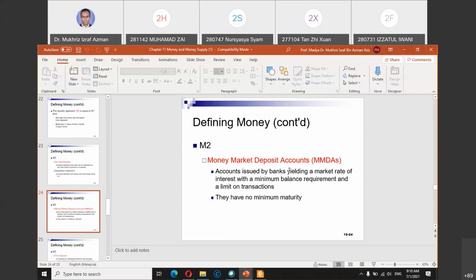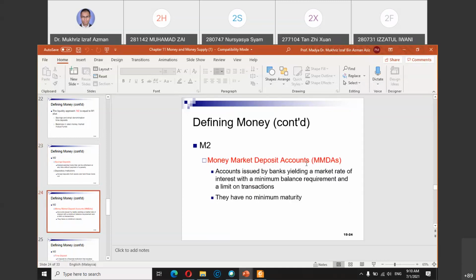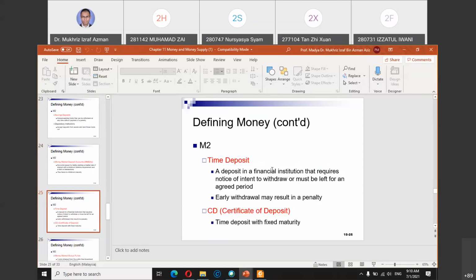So most of these terms you may only hear this semester, unless you decide to take another finance or banking paper in the future. At the end of the day, you just need to know certain components under M1 and M2, and M2 also includes certificates of deposit.